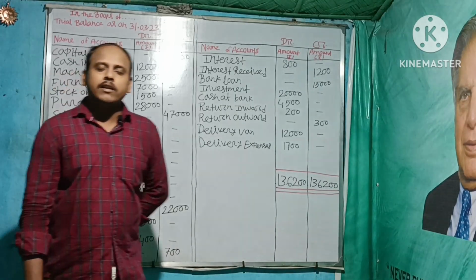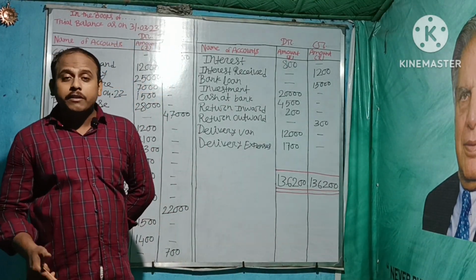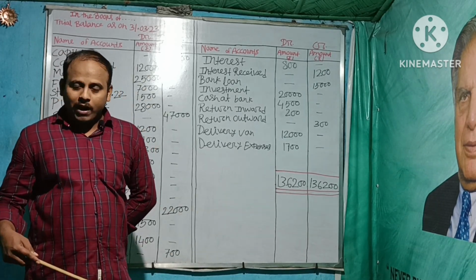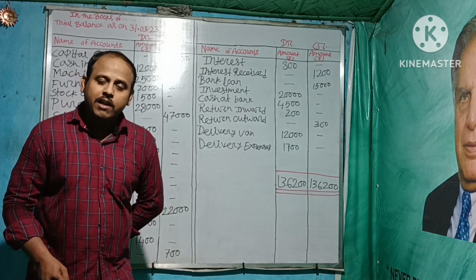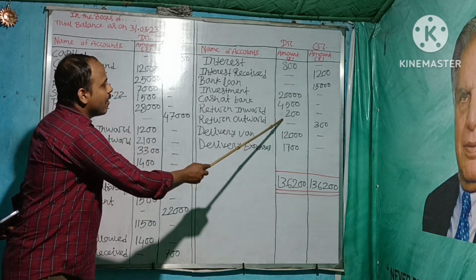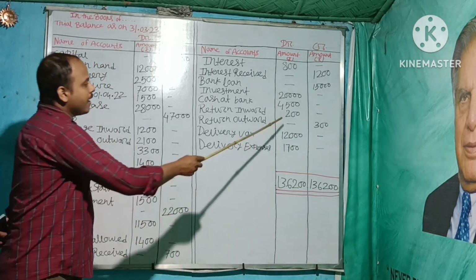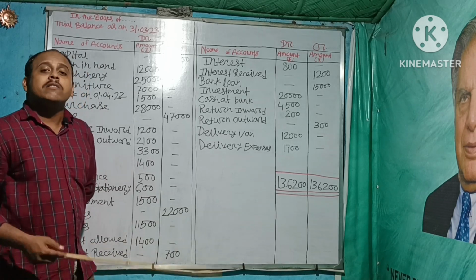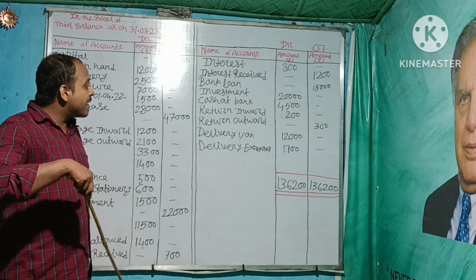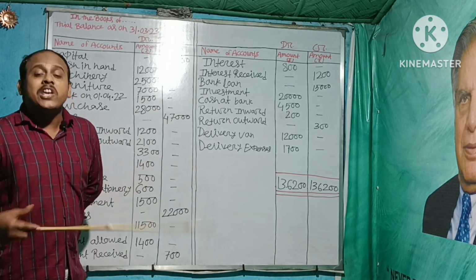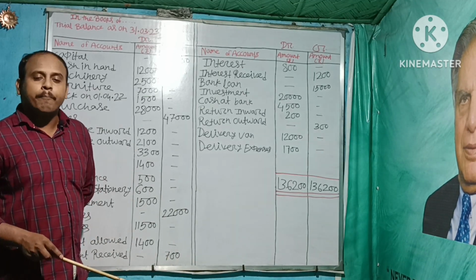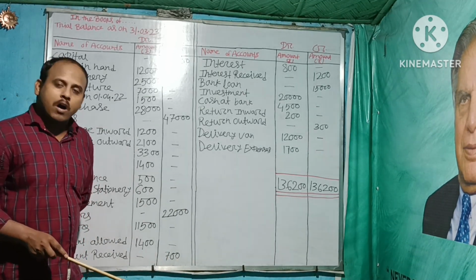Next is sales return. If we sell something and it is returned, we call that sales return or return inward. Return inward is always a debit balance. For that reason, this is 200, we write in the debit column. Return outward we call purchase return. If we purchase something from someone and return it back to them, this return we call purchase return or return outward.